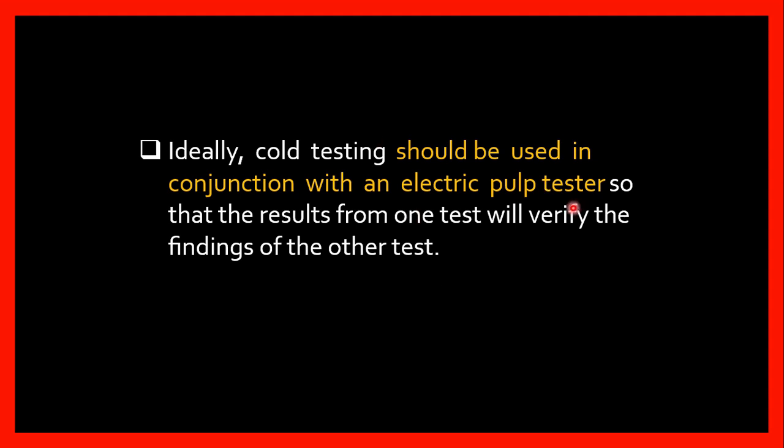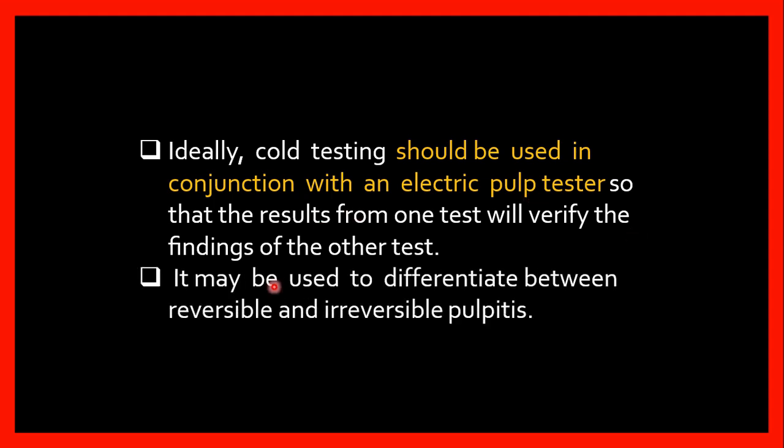Ideally, cold testing should be used in conjunction with an electric pulp tester so that the result from one test verifies the findings of the other. This cold test may also be used to differentiate between reversible and irreversible pulpitis. If you remove the stimulus and the pain still persists, then the pulp has undergone irreversible pulpitis, and if the pain does not remain once we remove the stimulus, then it is reversible pulpitis.